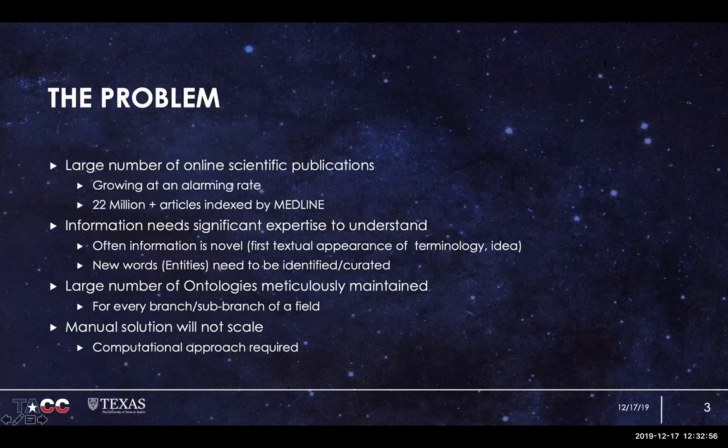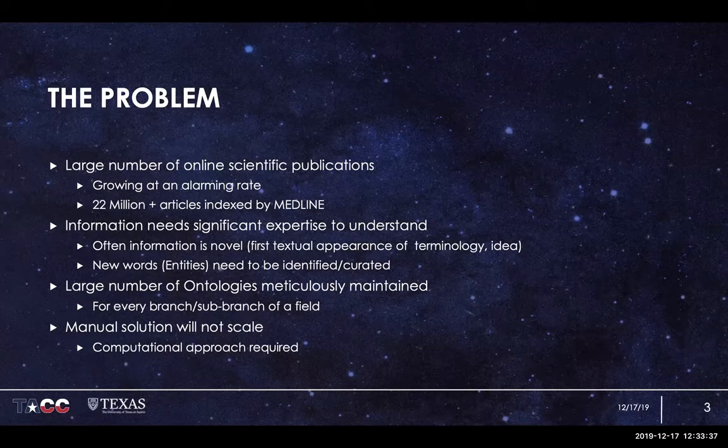So the problem, similar to what Eric highlighted in his talk, is that there's a large number of online publications, and in the scientific domains they grow at an alarming rate, and all of this information needs significant expertise to understand. It's often the first appearance in text of a new terminology or a new idea, so often this information is novel, and there are a lot of new words or entities that need to be identified and maybe curated by experts.